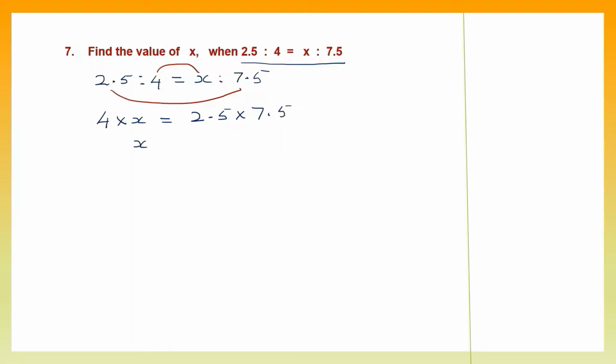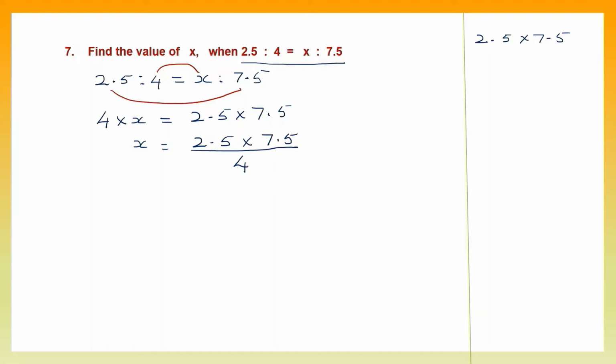So x will be equal to 2.5 into 7.5, and I'm carrying 4 to the other side. So it will become division by 4. So this is multiplication of decimals. So 2.5 into 7.5, let's multiply and see.